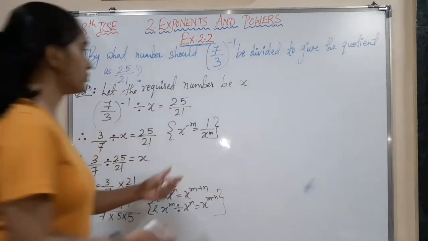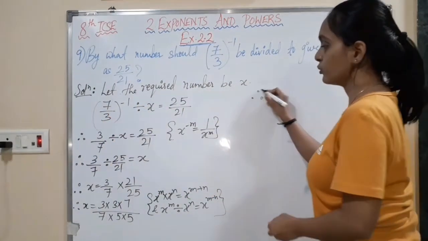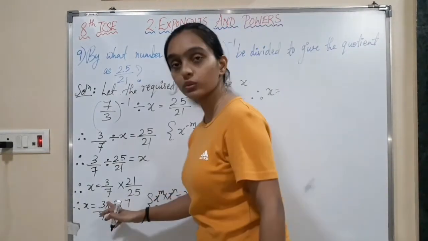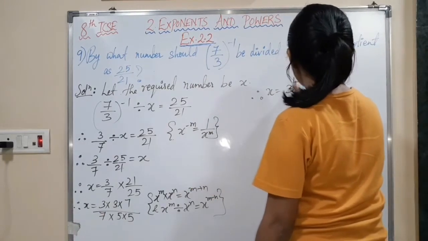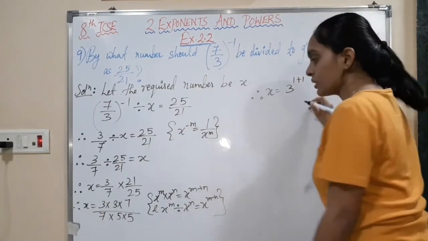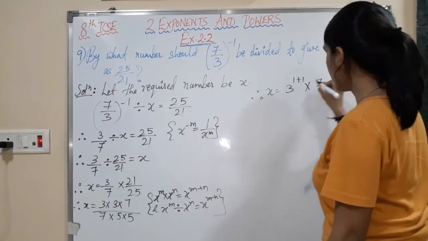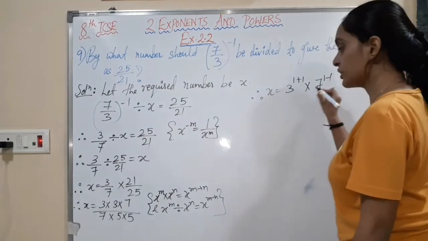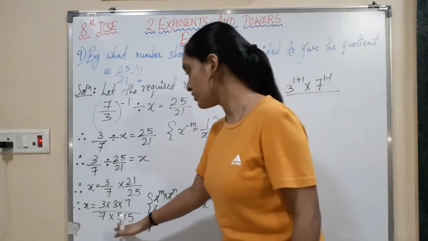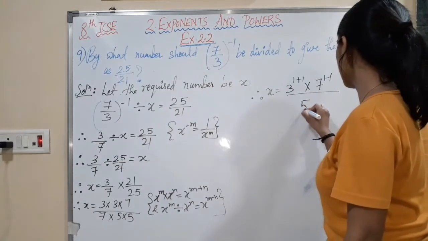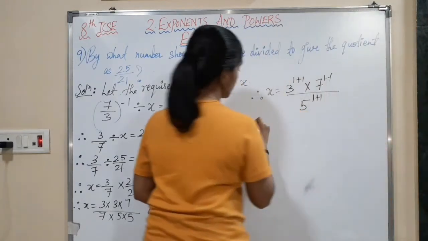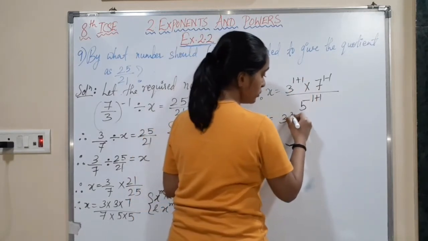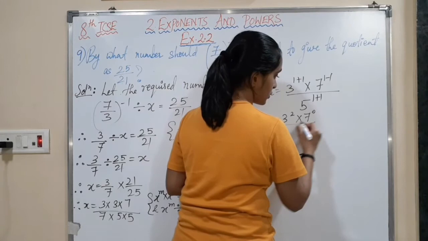So here you will get, therefore x equals 3 multiplied by 3, so the power is 1 each, so 3 raised to 1 plus 1 multiplied by 7 raised to 1 minus 1, as it is in the denominator, upon 5 multiplied by 5, so it is 5 raised to 1 plus 1. So you will get, therefore x equals 3 raised to 2 multiplied by 7 raised to 0 upon 5 raised to 2.